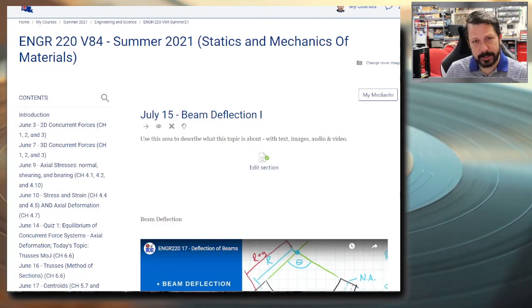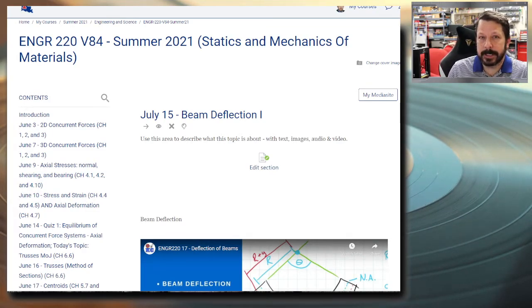Like I said, we'll do this in 2 parts. This will be the first part, more of the theoretical side of things, and we probably will end today with some of the chart type methods, kind of like we did with centroids and moments of inertia, where we looked at it from a theoretical view, at least for centroids, and then we said that a lot of this has already been done, and there are these charts that you can use.